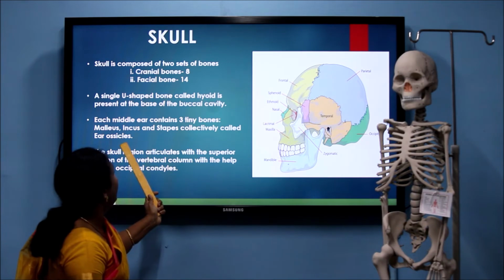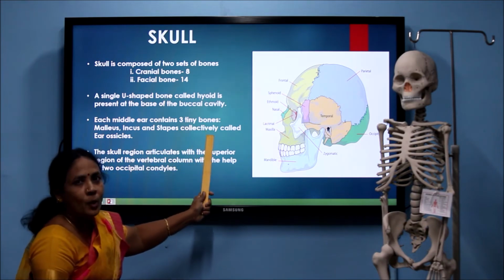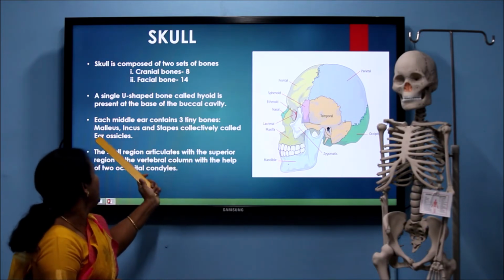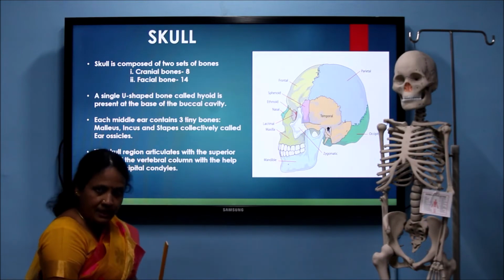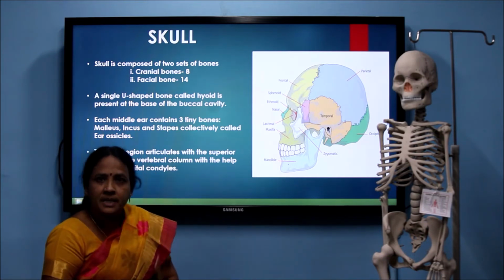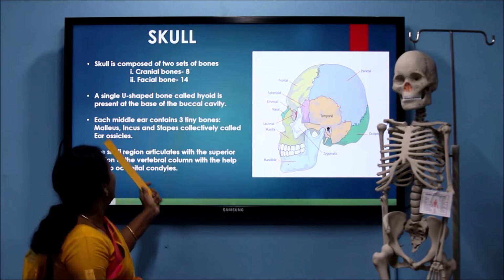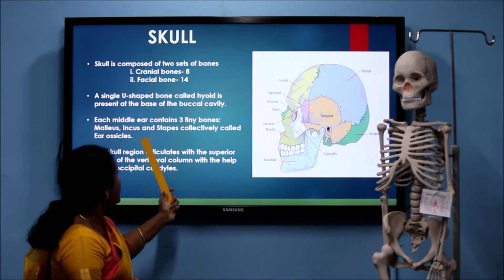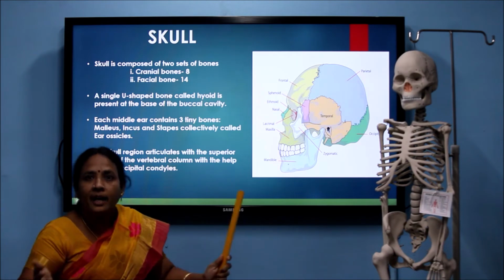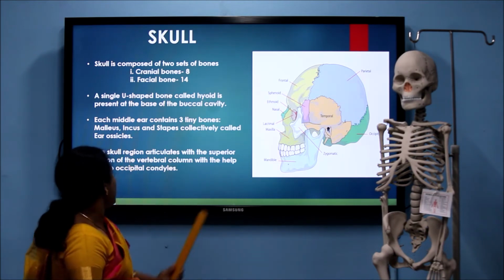In the middle ear there are three tiny bones called ear ossicles, known as malleus, incus and stapes. They are collectively called ear ossicles.